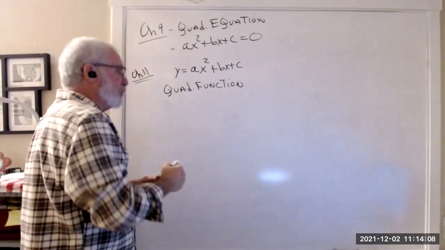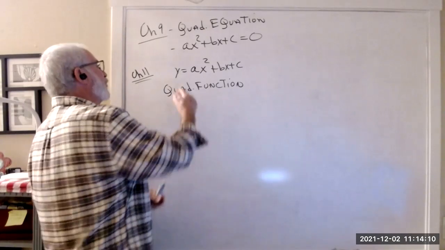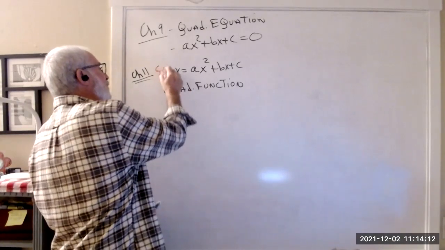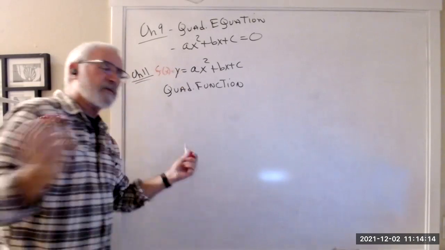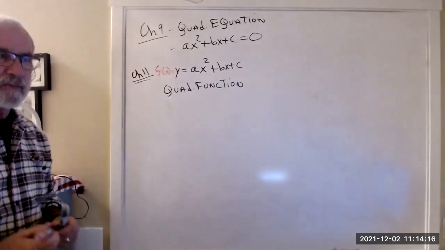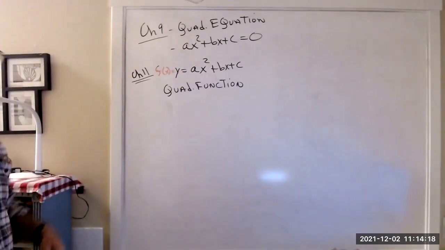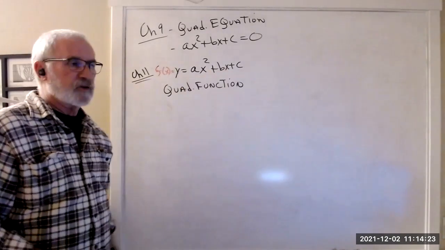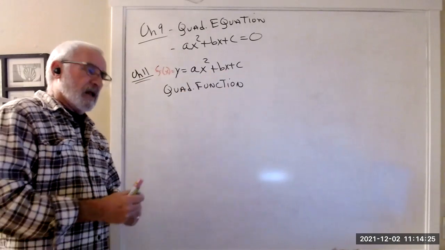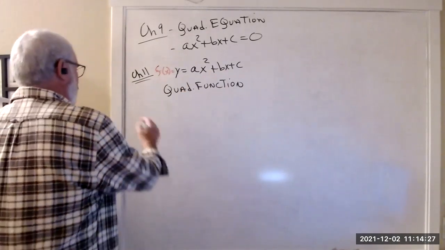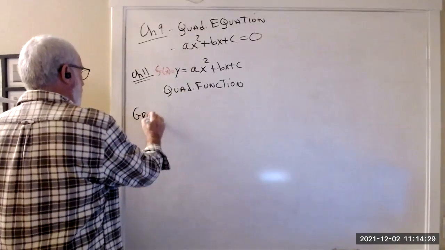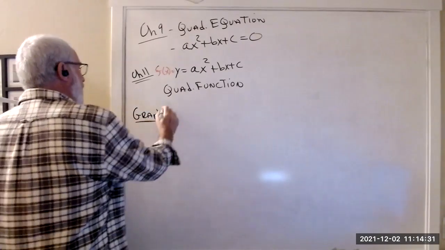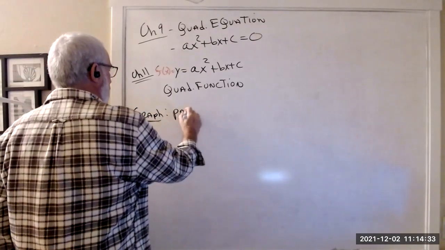Sometimes in place of y, we get fancy and we try to scare you and write f of x equals. Well, f of x is the same as y. So f of x equals, y equals, it doesn't matter, they're all the same. The key is this is a quadratic function. If we graph this, it's called a parabola.